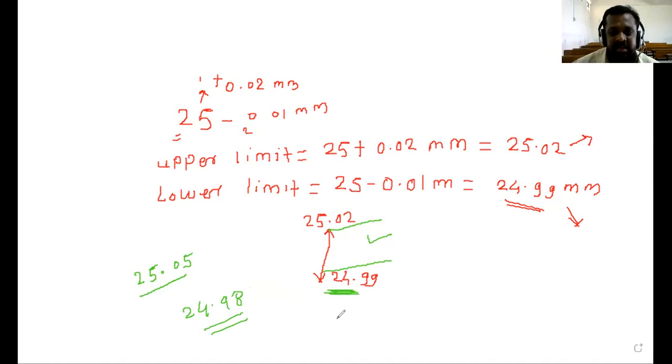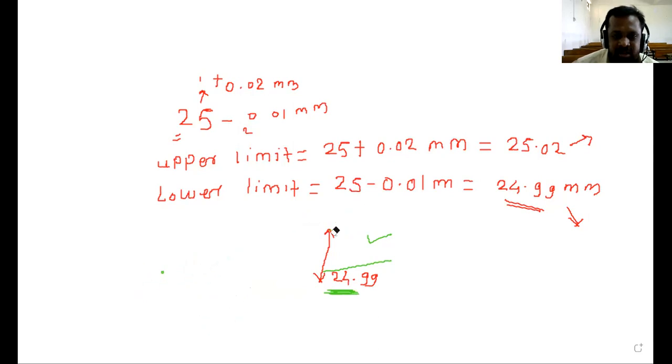Now see here, these are called upper limit and lower limit. Another point is tolerance. Then what is meant by tolerance? Simple.